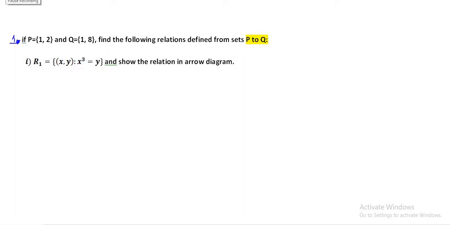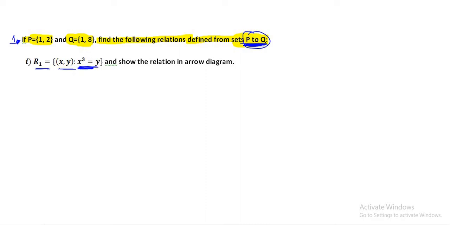You can read the question. We are given the set P equals {1, 2} and Q equals {1, 8}, and we should find the relation defined from set P to Q. The relation R1 is equal to {(x, y) such that x cube equals y}.